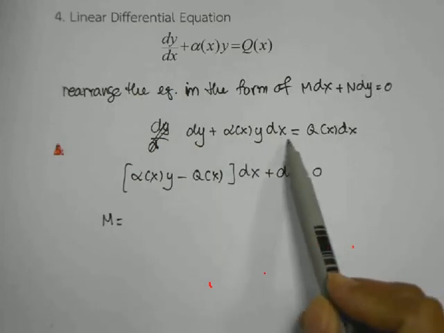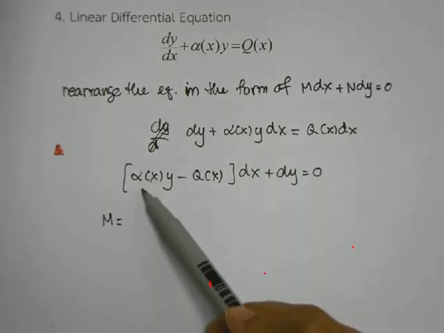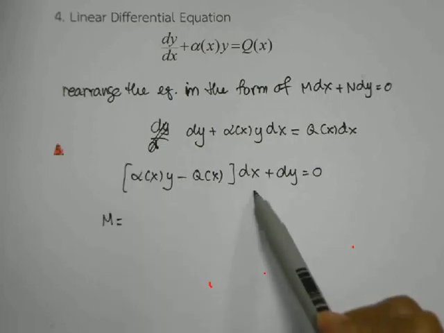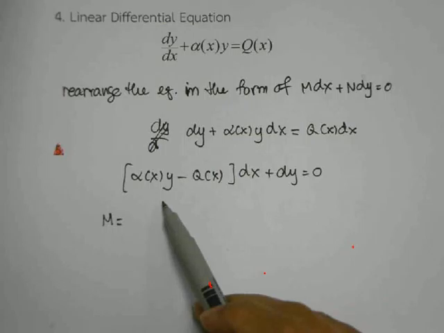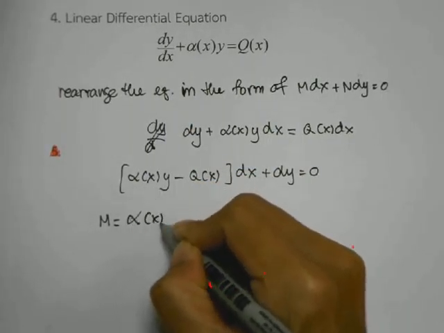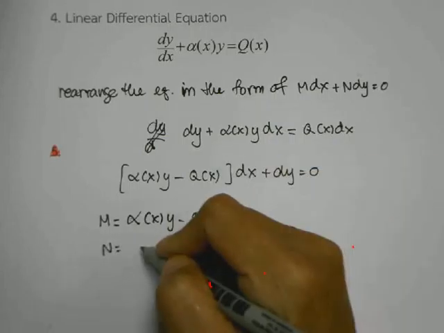Then I put the dx terms together, and I get [alpha(x) y minus q(x)] dx plus dy equals 0. From this, M is equal to alpha(x) y minus q(x), and N is equal to 1.